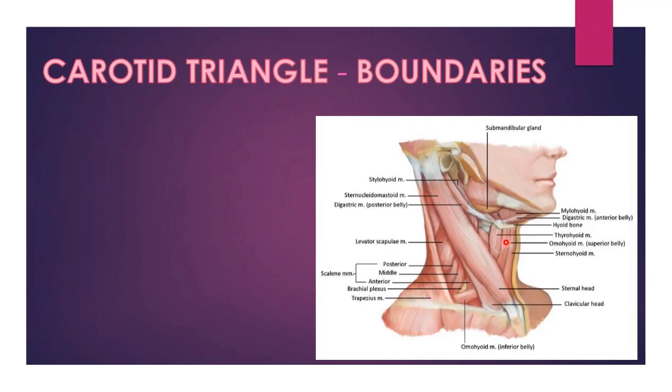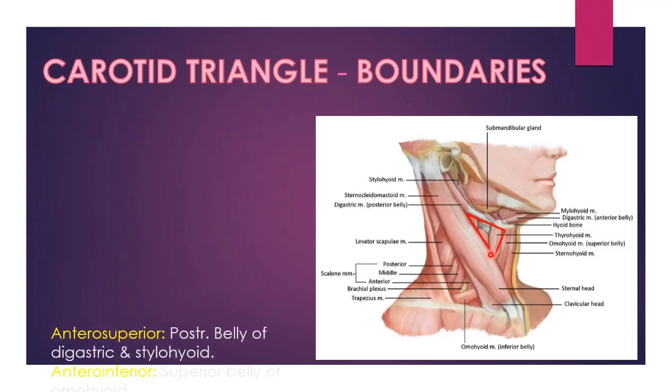Antero-inferiorly by the superior belly of the omohyoid muscle. These are the boundaries of the carotid triangle. Okay, so that is the outline of the triangle for you.